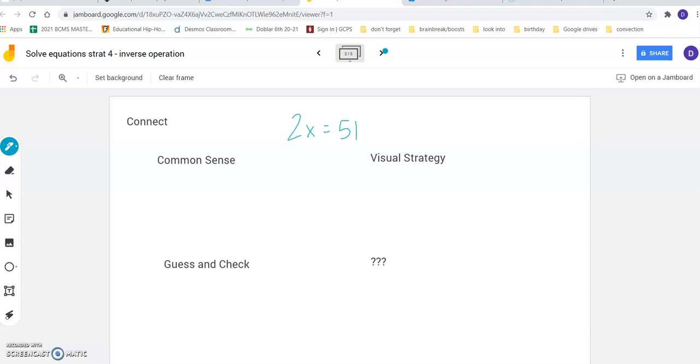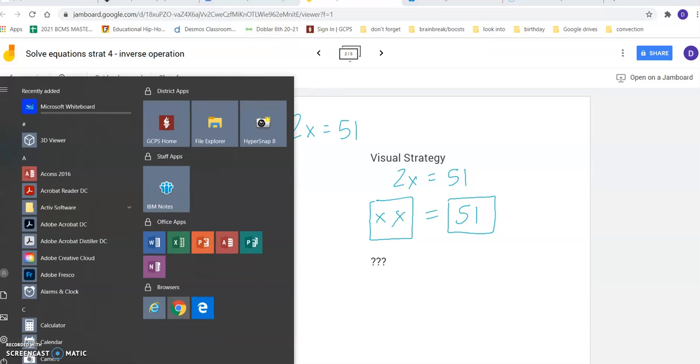Our second strategy was called the visual strategy. And in that one, we wrote down like this, and we kind of put each side of the equation in a box or in a bucket or something and said, okay, this side has 2x's, this side has 51. If those are going to be the same amount, using that tool sometimes helps me figure out what each of those x's has to be.